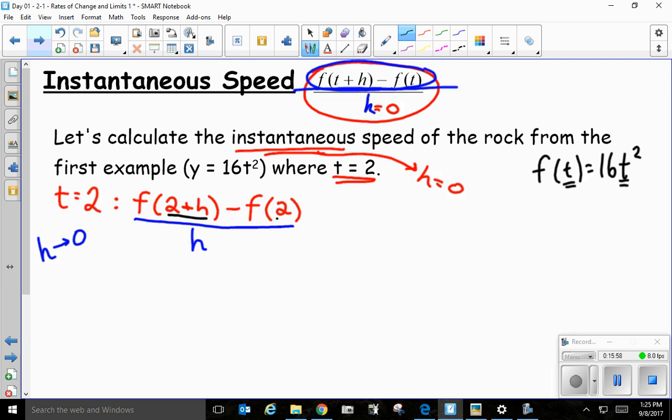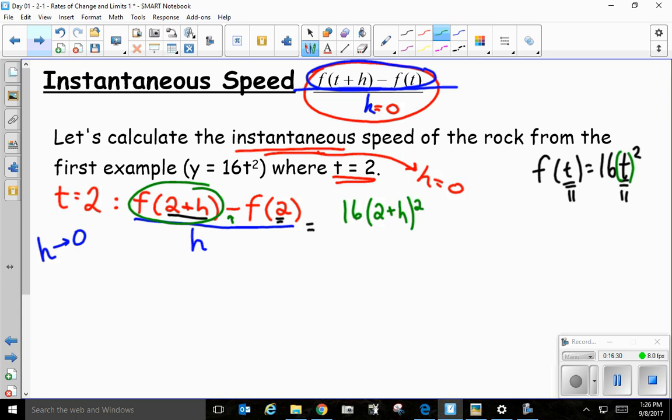Then I'm going to take 2 and put it in for t for the second term on the top of that fraction. So I've got 16 times 2 plus h squared. All I did was put a 2 plus h in for my variable into the function.